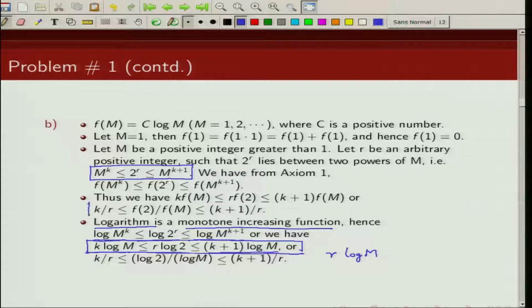So from here I got k/r is less than or equal to f(2)/f(m), which is less than (k+1)/r, and here I got k/r is less than or equal to log 2/log m, which is less than (k+1)/r.